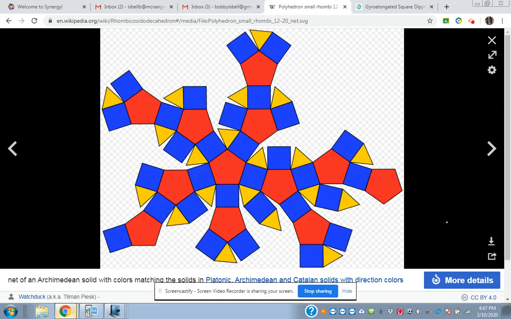So let's count up. I'm going to count the pentagons, they're all in red. 1, 2, 3, 4, 5, 6, 7, 8, 9, 10, 12 pentagons. And then squares: 1, 2, 3, 4, 5, 6, 7, 8, 9, 10, 11, 12, 13, 14, 15, 16, 17, 18, 19, 20, 21, 22, 23, 24, 25, 26, 27, 28, 29, 30. Did I count multiple times? I think you did.